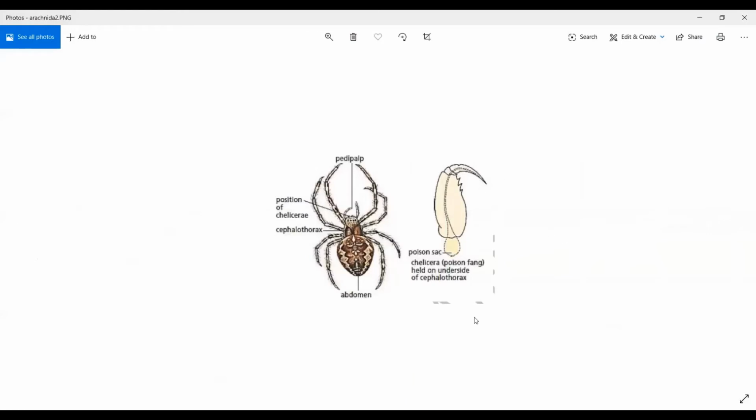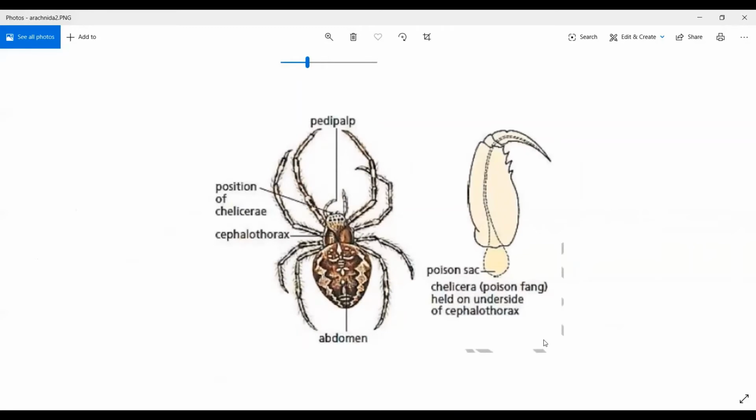Don't look at this part. As you can see here, we have 4 jointed legs, and on the other side they have 4 jointed legs. It means that there are 4 pairs of jointed legs.